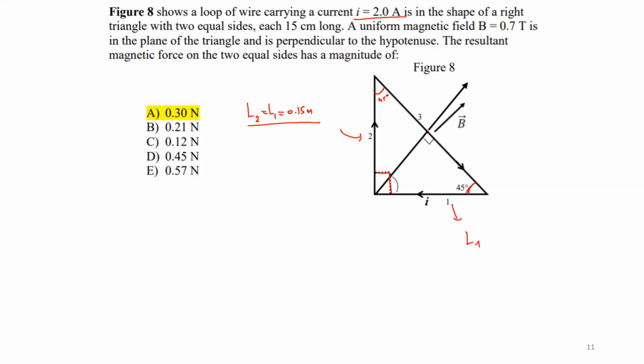So basically, the magnetic field is normal here, and it's normal here, same magnitude, same direction, and normal everywhere else, let's say here. Same magnitude, same direction, B. And B is 0.7 Tesla.